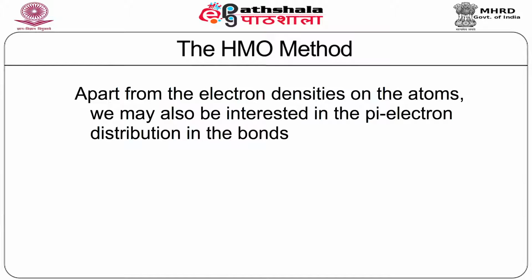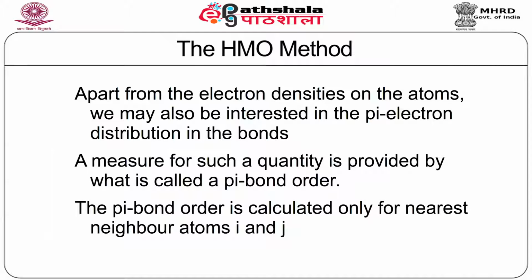Apart from the electron densities on the atoms, we may also be interested in the pi-electron distribution in the bonds. A measure for such a quantity is provided by what is called a pi bond order. And the pi bond order in the Hückel molecular orbital method is calculated only for nearest neighbor atoms j and k.